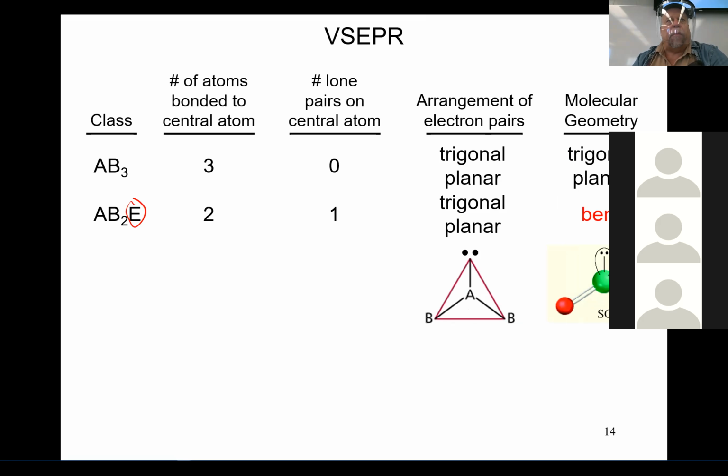SO2 is one example of this. SO2 looks like this. You put the sulfur like this, and then an oxygen over here with 6, and then another oxygen over here with 6.